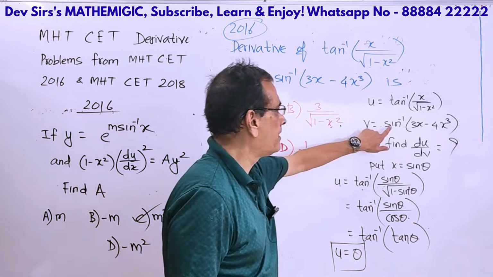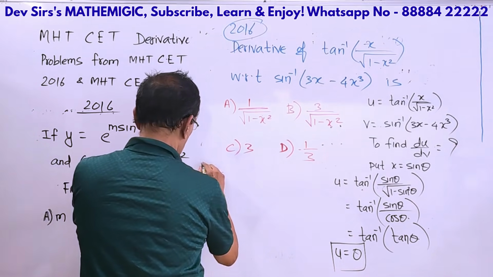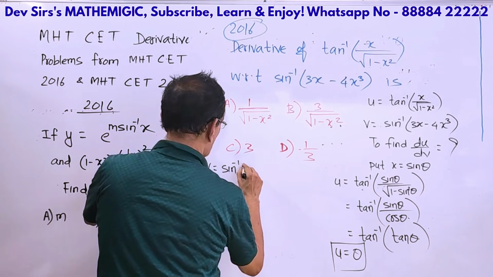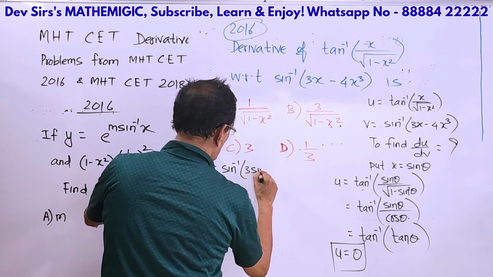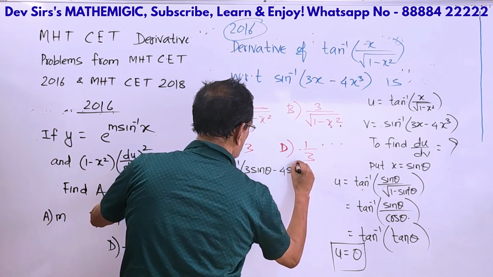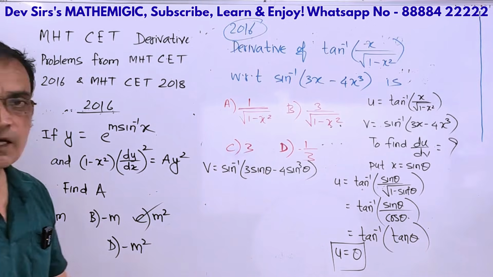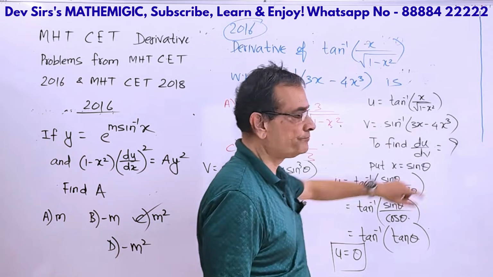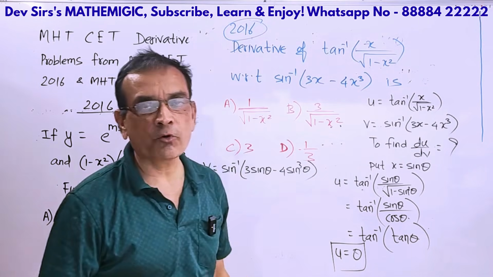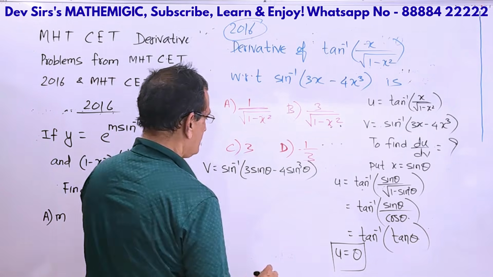Same way, consider v now. After putting x equal to sin theta, now 3 sin theta minus 4 sin cube theta is a formula for sin 3 theta from 11th standard.